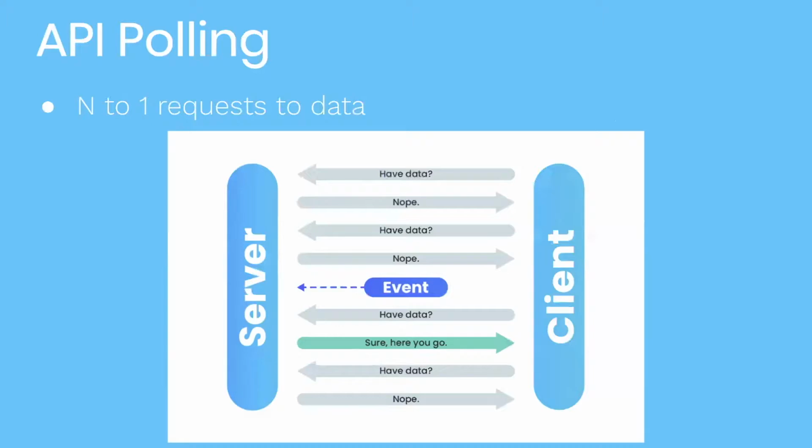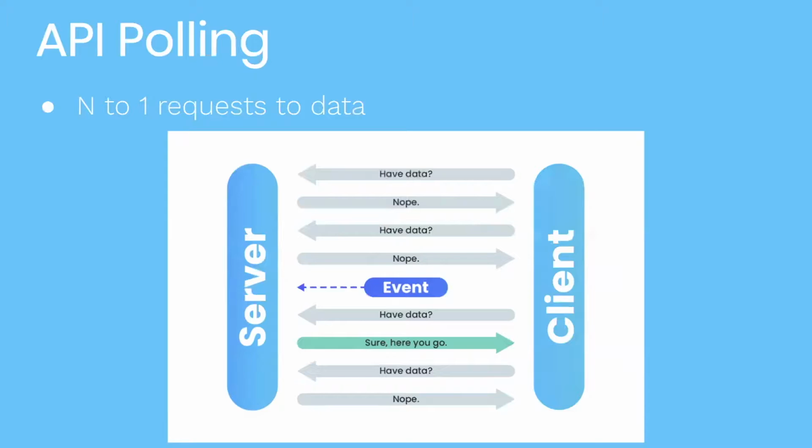APIs are really seated in this request-driven paradigm where a client initiates a request to the server and expects some data in return, and that process is synchronous. But the client can't predict when that data is going to be available. It can't predict when the event is going to occur on the server. So it has to continuously send these requests, just hoping that it's going to get some data back.